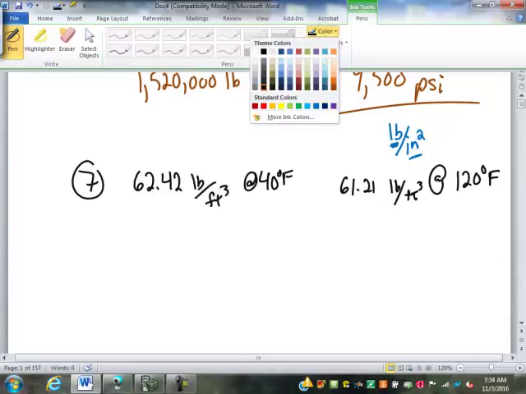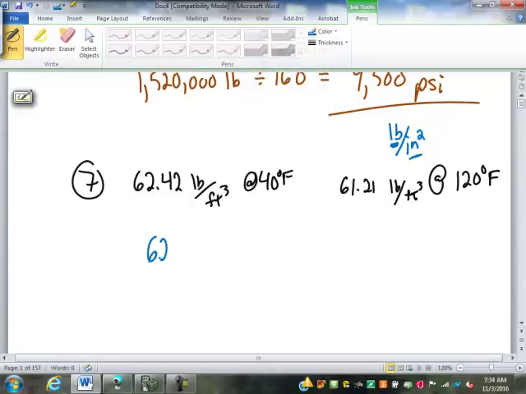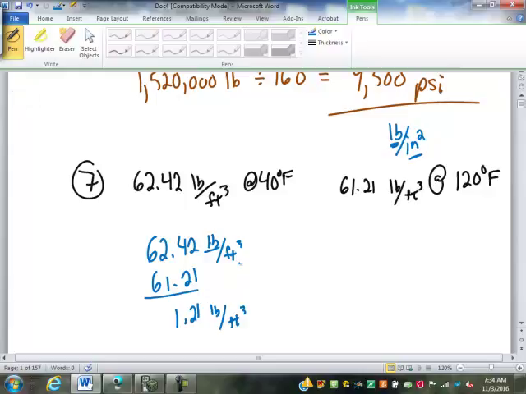So if we subtract these two numbers, 62.42 pounds minus 61.21, it's 1.21, and technically these are both pounds per cubic foot. They want ounces per cubic foot per degree.